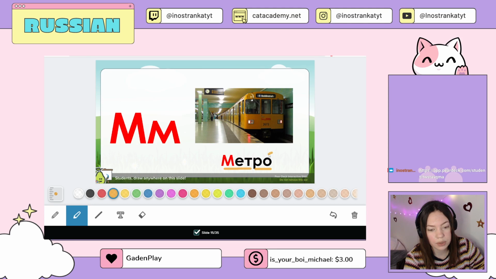We stress the second syllable, metro. As I remember, in France it's called metro. Of course, you know that it could be underground, or subway in other countries, but still we have metro.